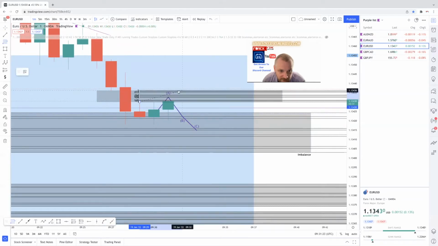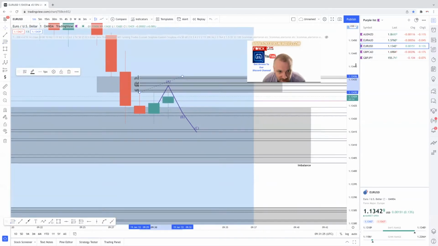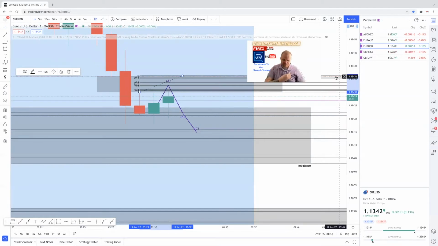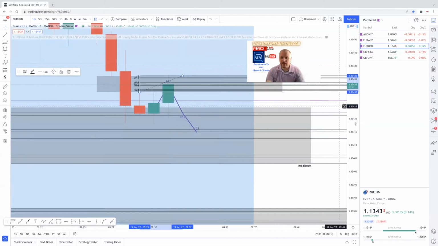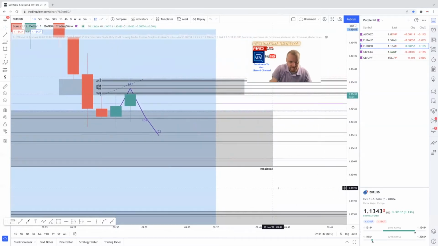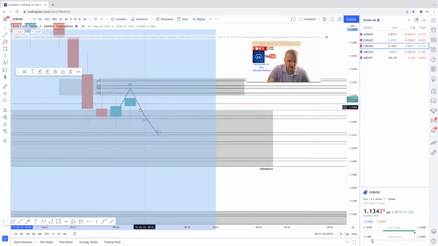Again, if you want to be funny, you can just do that as your imbalance area. It's fully mitigated into that, into it straight away, the imbalance area. Bang, bang, bang, bang. It's taking all of that out. Now will it come down to take price on the lower side?